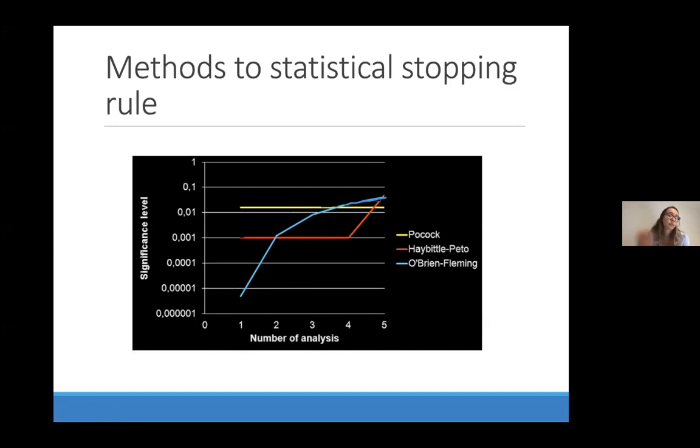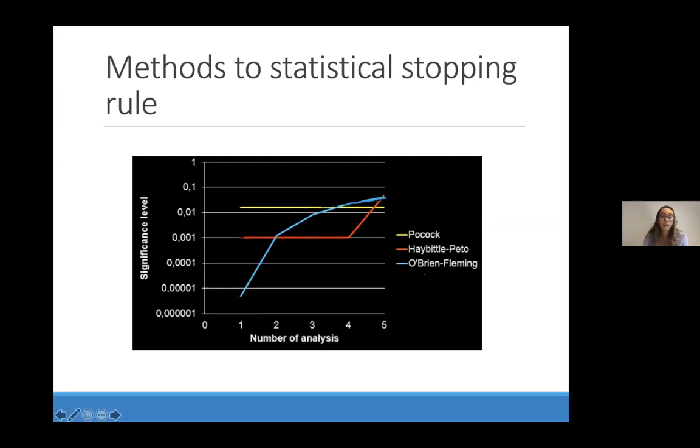But again, it has a disadvantage. The same way that having a much lower p-value in the beginning is an advantage, it is a disadvantage, right? Because with a much lower p-value here in the beginning, it's much harder for you to achieve this p-value unless you have a treatment that is much more efficacious.